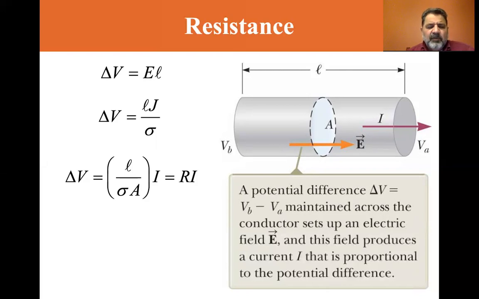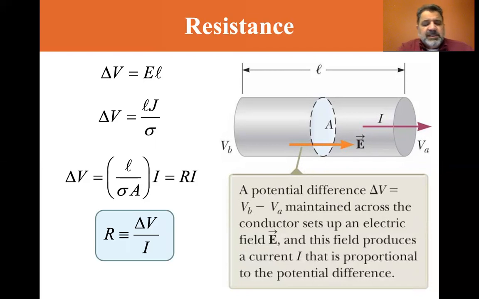Now we're going to learn a different form using resistivity, but this is also a legitimate formula for resistance. We're going to learn that resistance is equal to delta V divided by I. So that is Ohm's law, but it takes many forms.